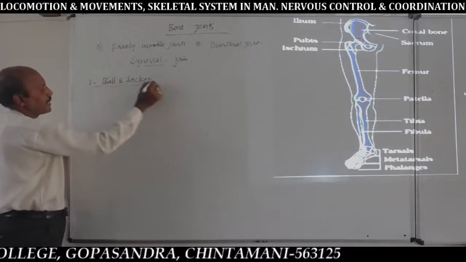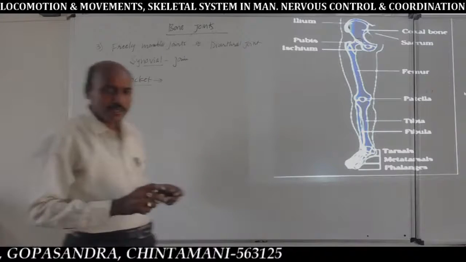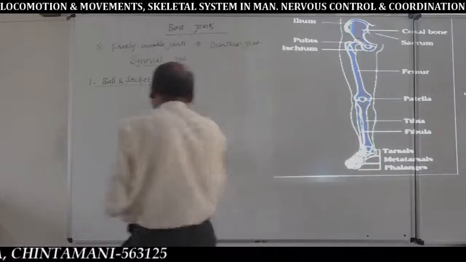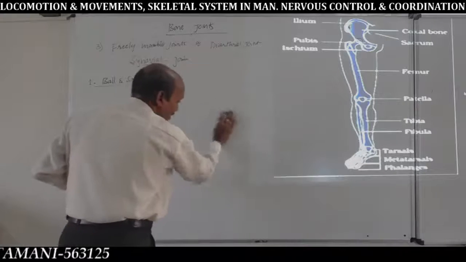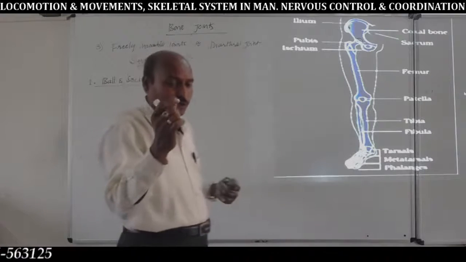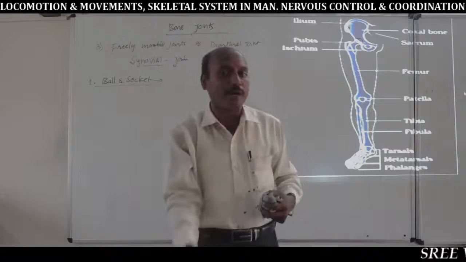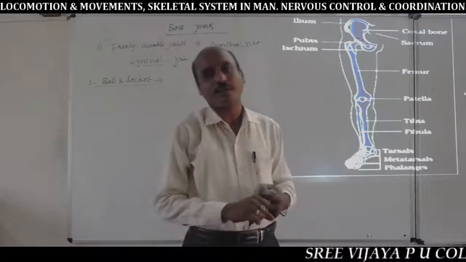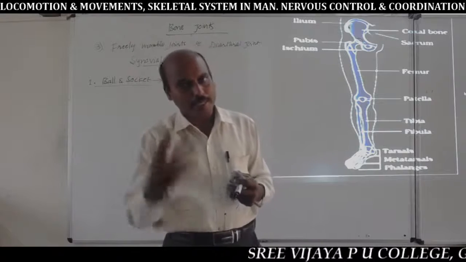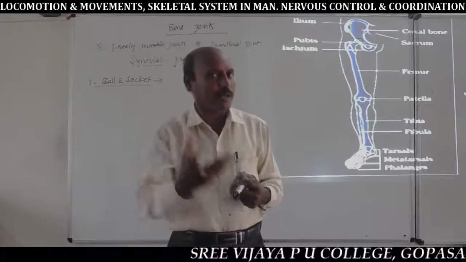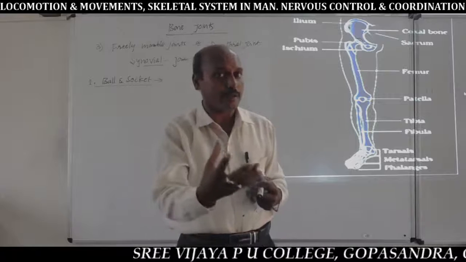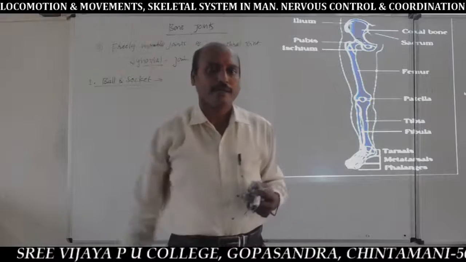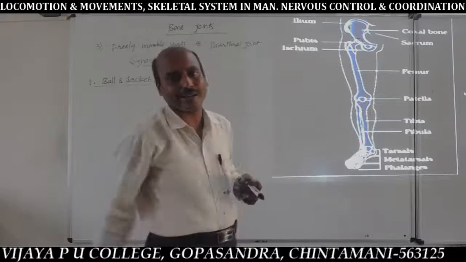See, in the ball and socket joint, the joints are freely movable in multiple directions. For example, in a cricket game, when we bowl, the right hand or left hand can move freely in all directions.